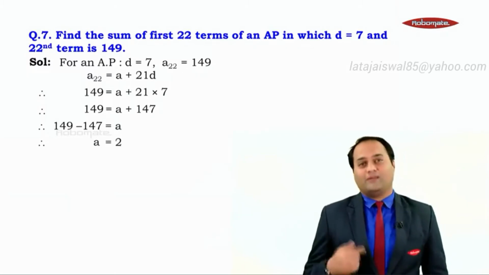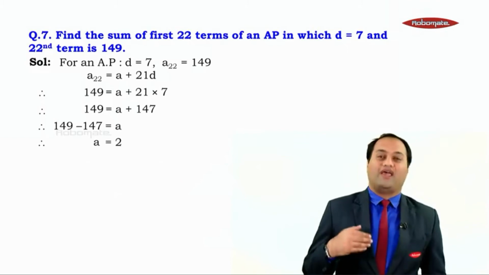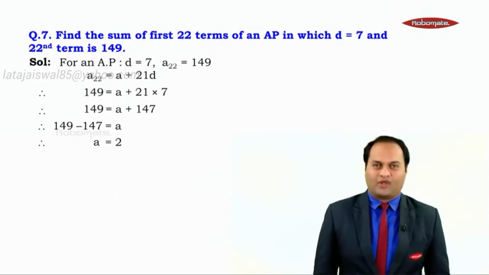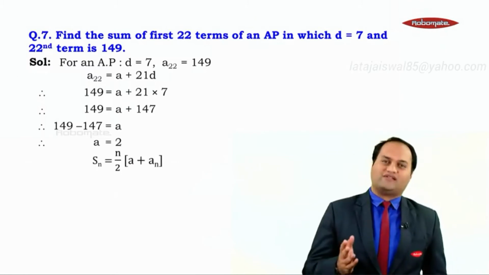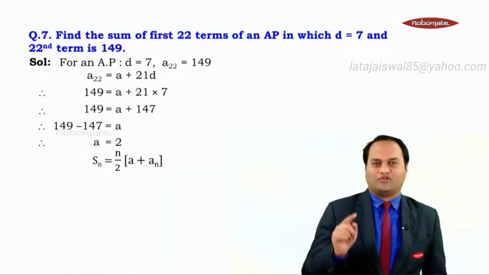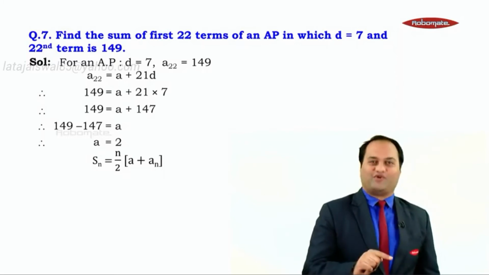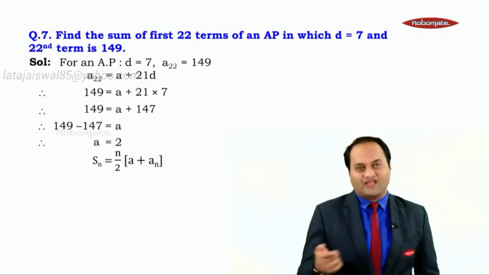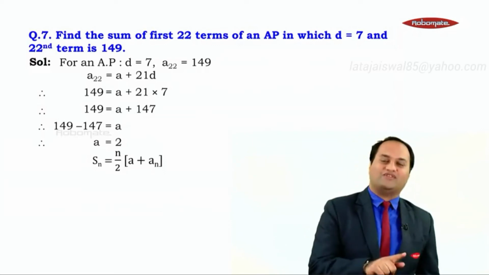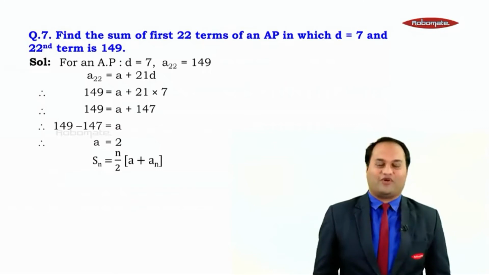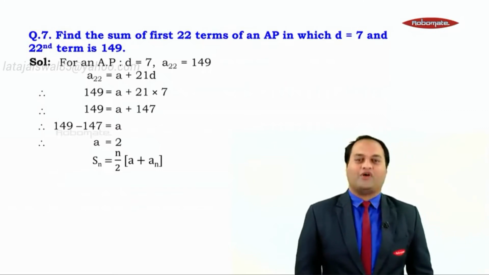But what are we ultimately supposed to find? We are supposed to find S22. For that, we will have to use SN formula. In this, you can use the SN's second formula also because we are supposed to find S22 and A22 is given to us. In other words, AN is given to us, we can use the second formula directly. So, let's do it. What do we get?